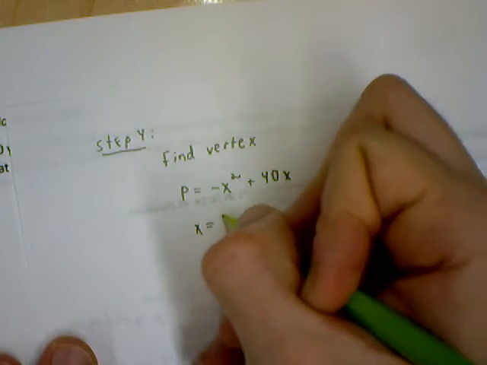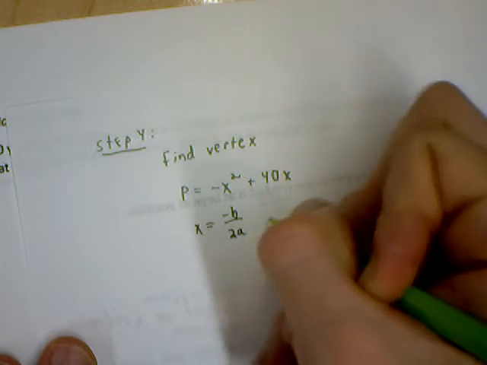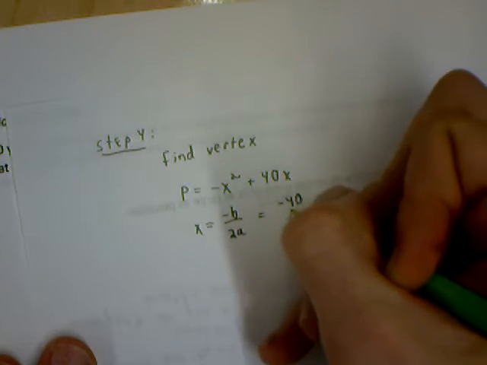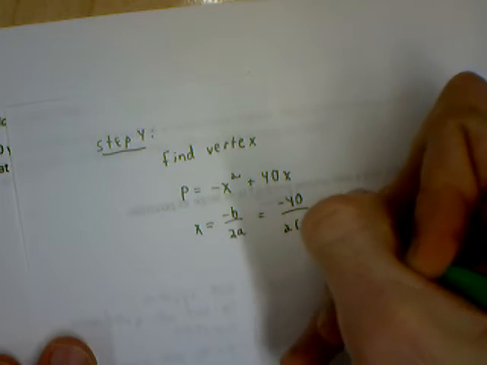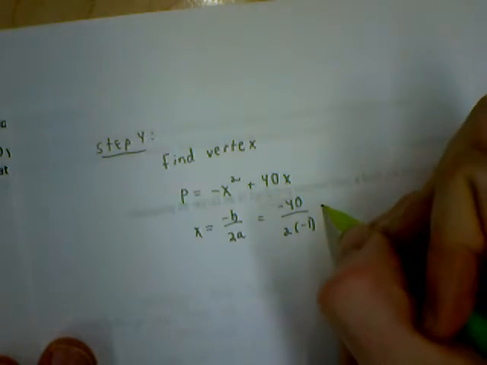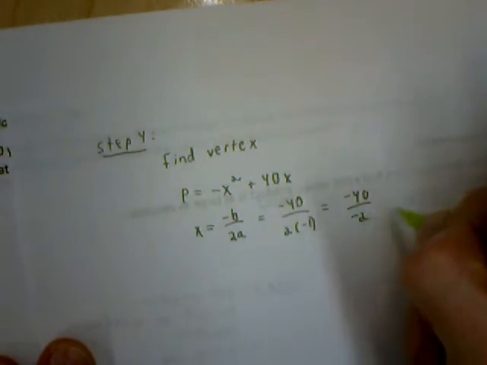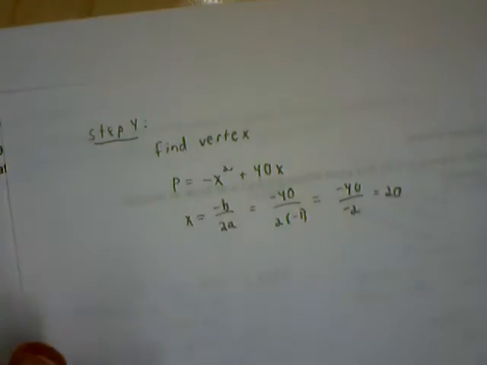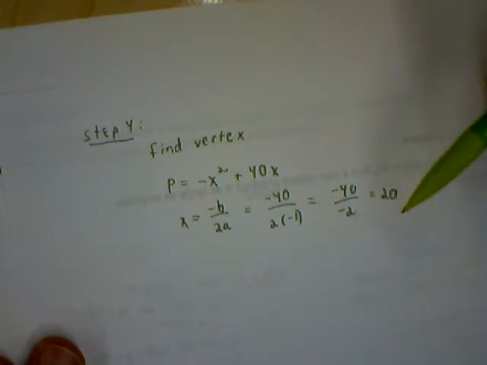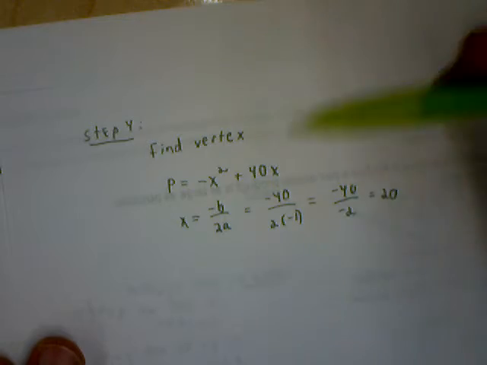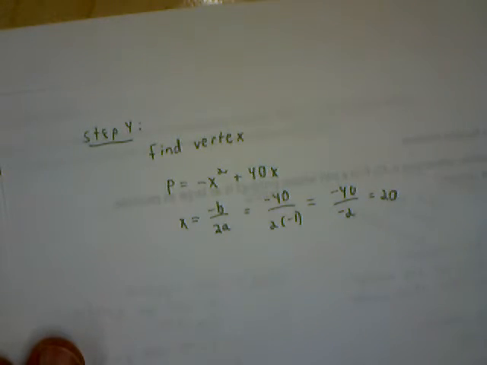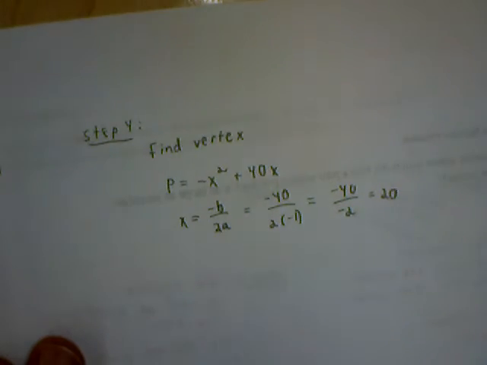Find the axis of symmetry. x equals negative b over 2a, or negative 40 over 2 times negative 1, which is negative 40 over negative 2, or 20. So I know that one of my numbers is 20. Let's plug it back in to find y.